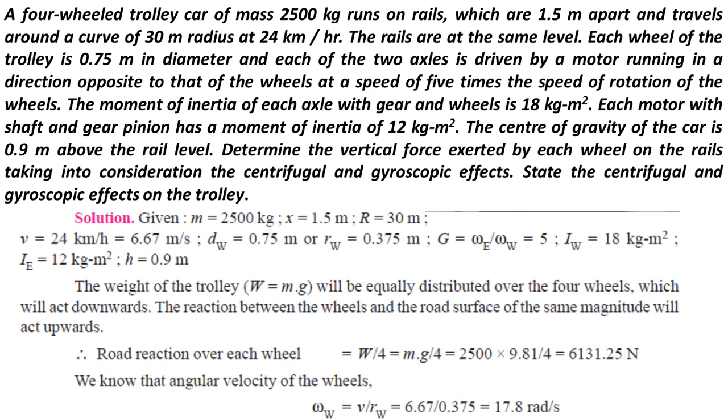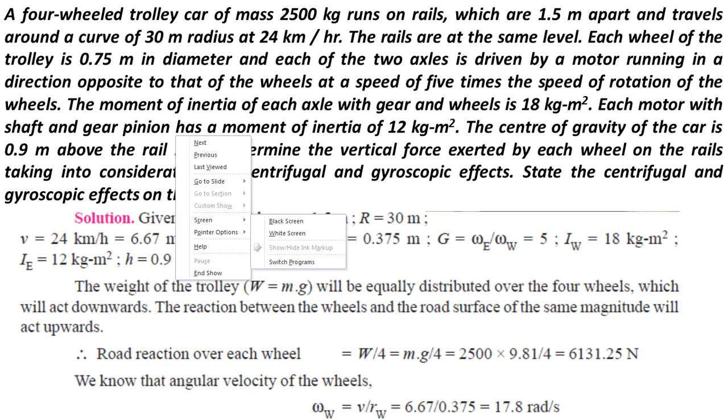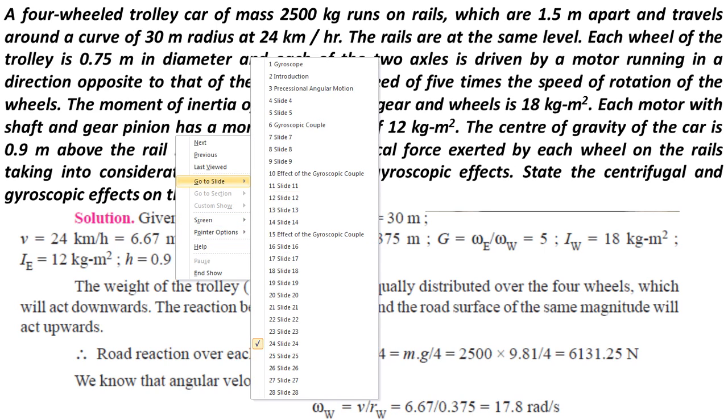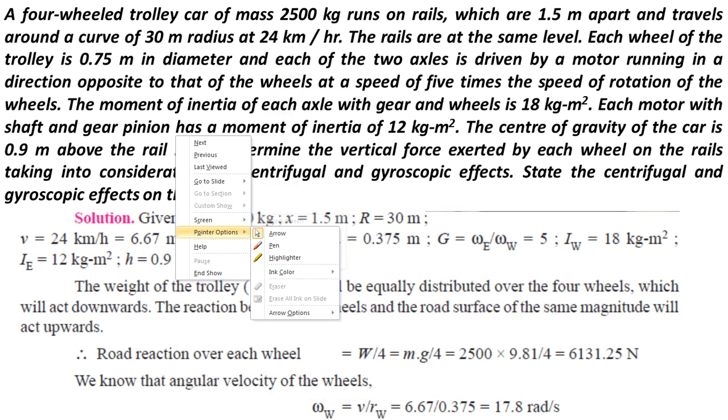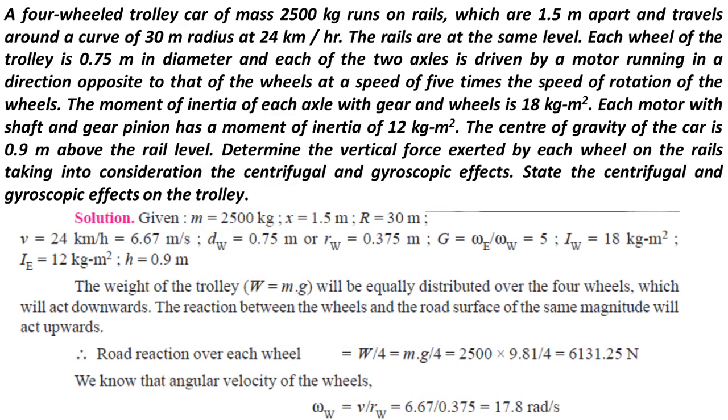Let us take the data. Mass is given, so m is 2500 kg, x is 1.5 meters, and radius is given as 30 meters, so r is equal to 30. Velocity is given, that is 24 kilometer per hour, so we can convert it into meter per second, it will become 6.67 meter per second.